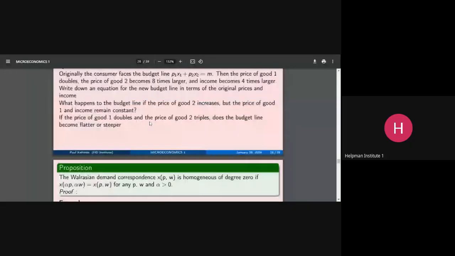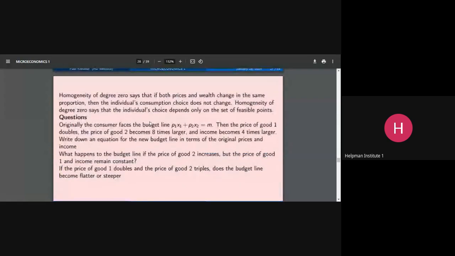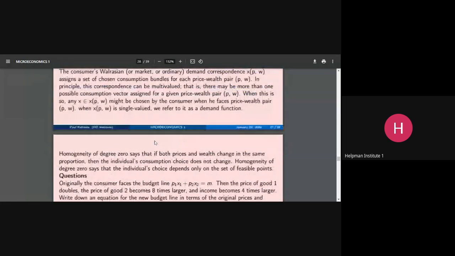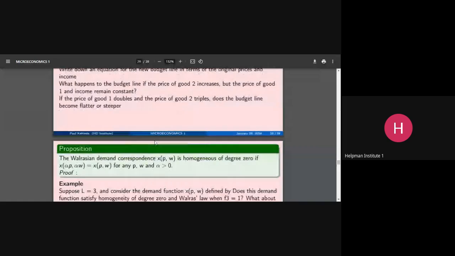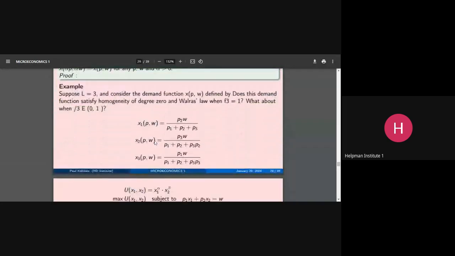So there's still another thing. We have a question here. Before we see the next implication of the demand correspondence, here is a question to support what we've just solved. Suppose we have our L to be 3. When L is 3, you know what that means, right?